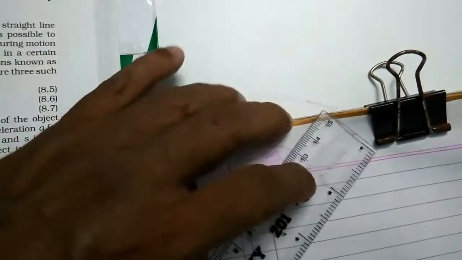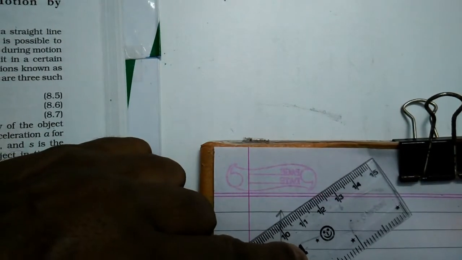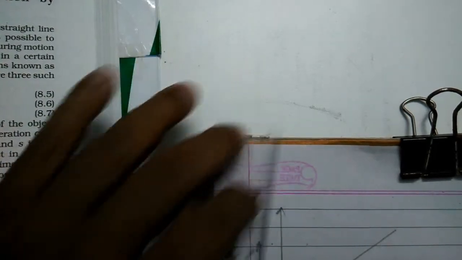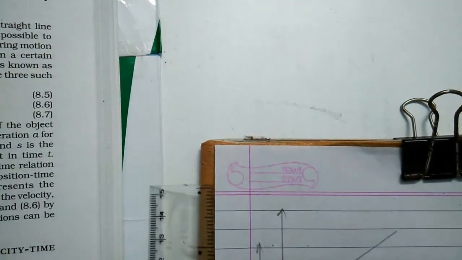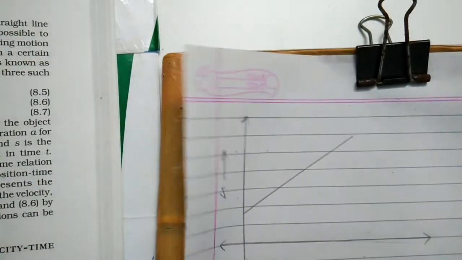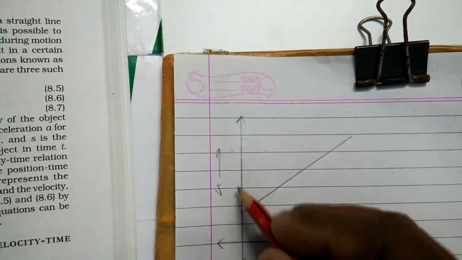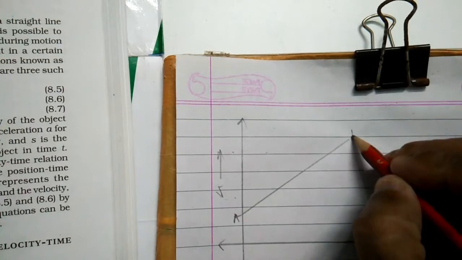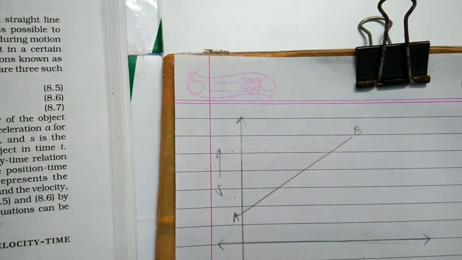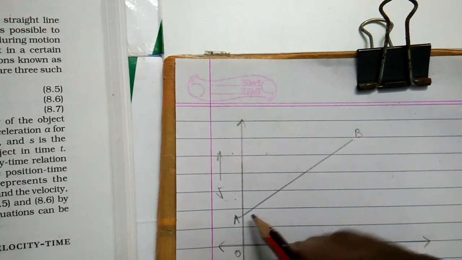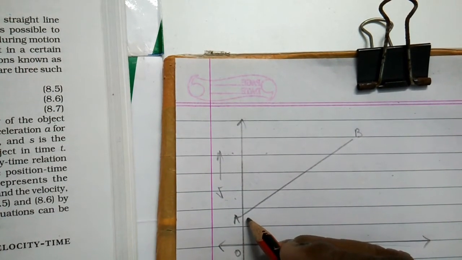The body moves with uniform acceleration. The graph of velocity to time for this body is just like this. Now, AB is the graph and O is the origin. Initial velocity at A is u.